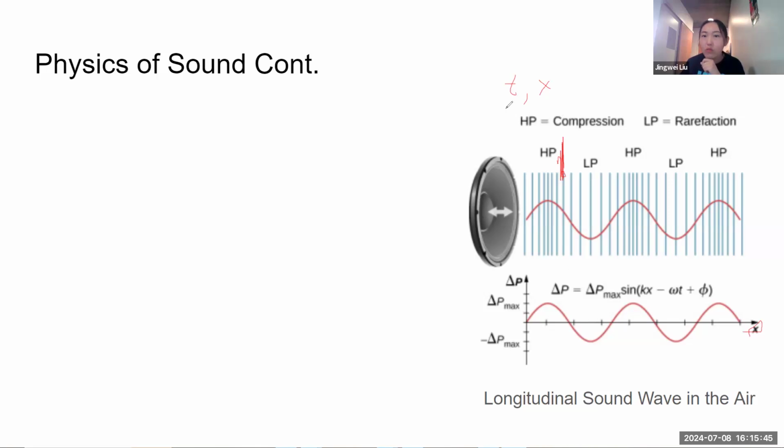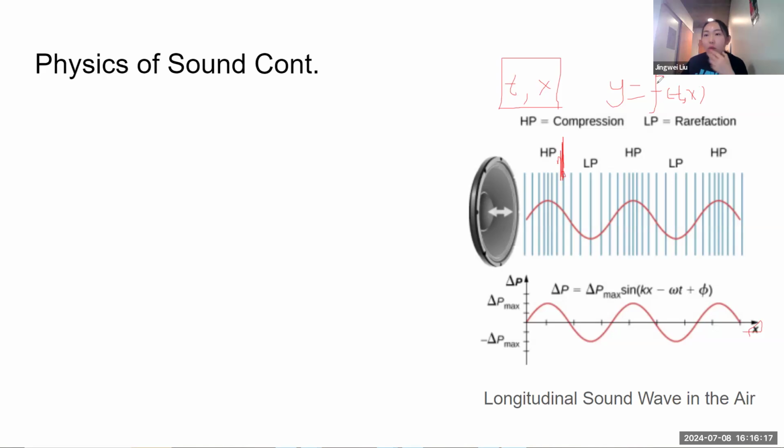So there are actually two variables to describe sound waves. Therefore, to describe the motion or the change of the waves through time or through space, we need to devise an equation y that is a function of the variables t and x. So this function actually has two variables, the time and the position.